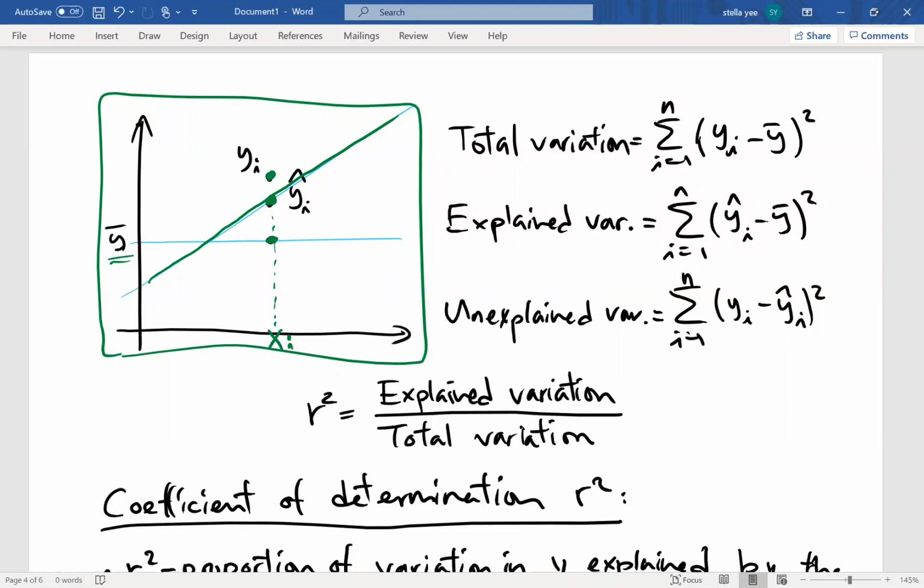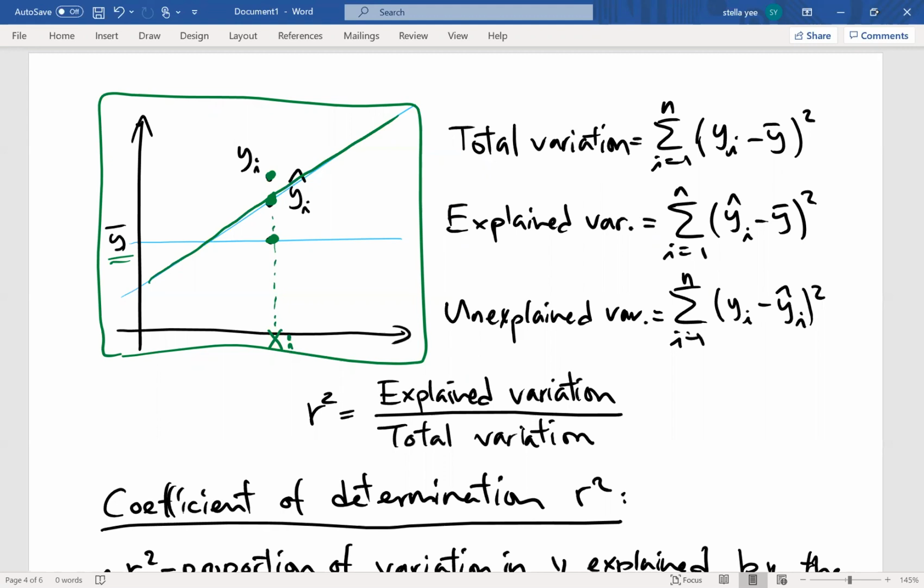If I plug in xi into the formula for the regression line, I have an approximate value y hat. My approximation just got better from y bar to a lot closer point on the line, but it's still a little bit off. So there are different levels of approximation of yi.